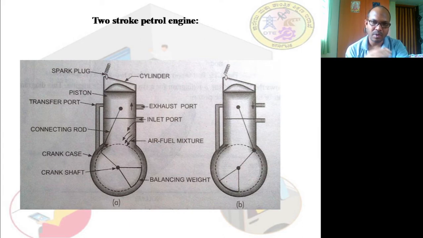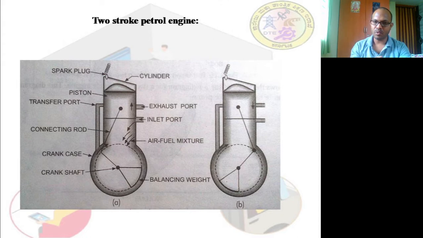Is it clear? So in two-stroke petrol engines, as the name itself indicates, it will have two strokes. Is it only two strokes? No, it means that the engine will take two strokes to generate the power. That is what we call a two-stroke engine.